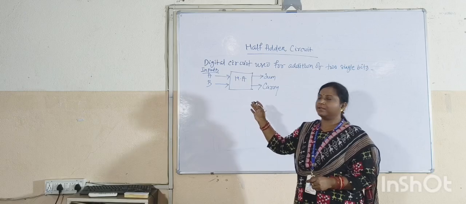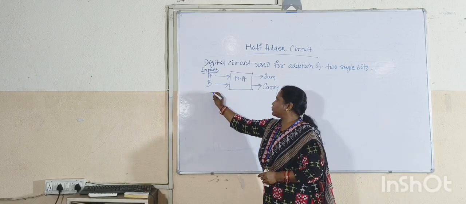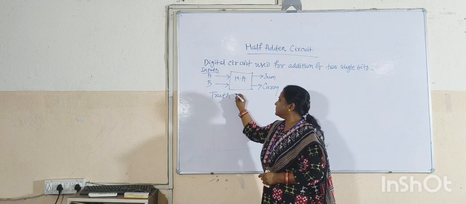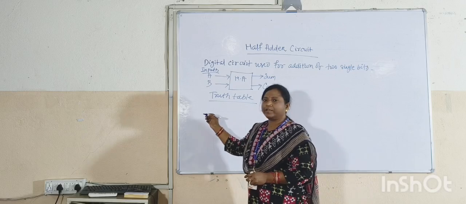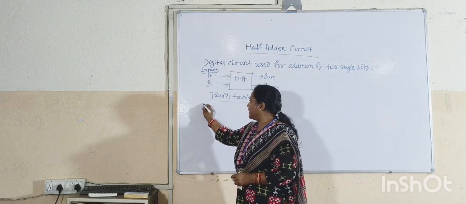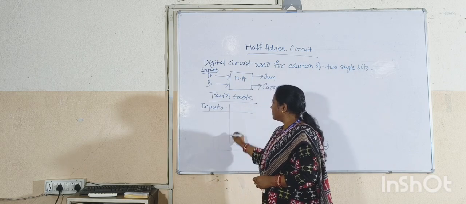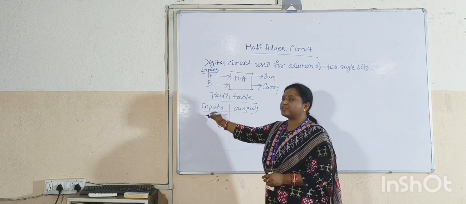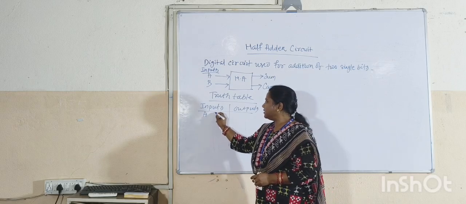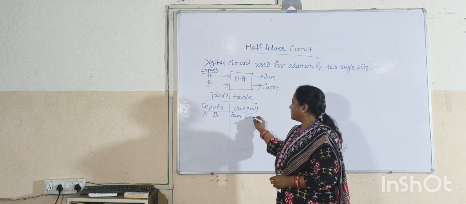That can be explained by using your truth table. In a truth table, we represent your inputs and outputs. So what are the inputs here? A and B, and the outputs are sum and carry.